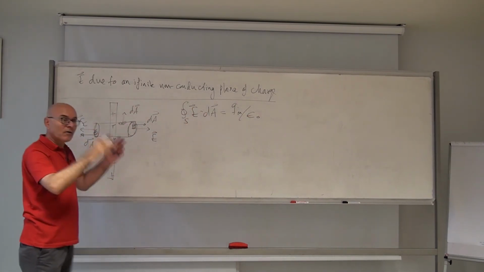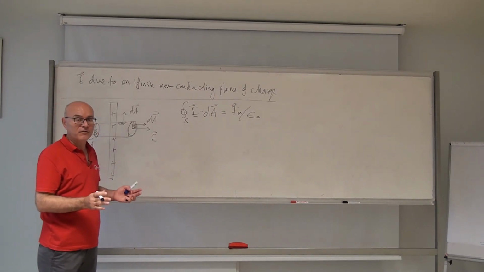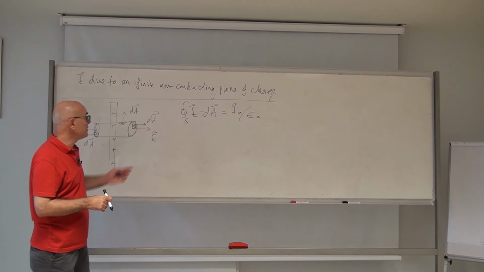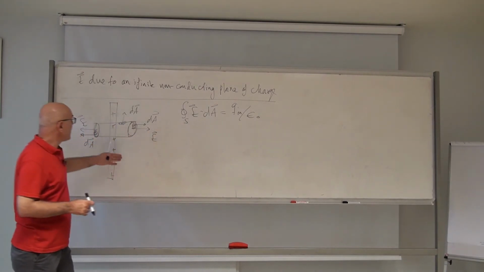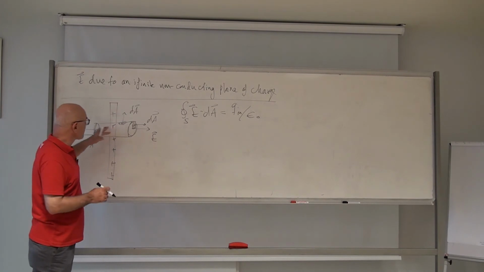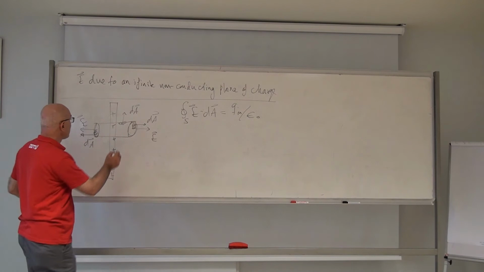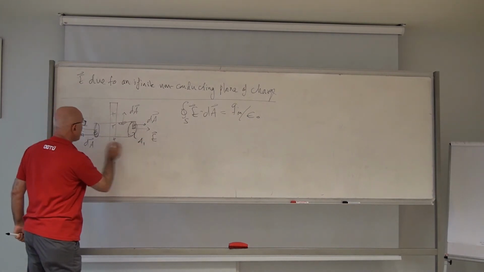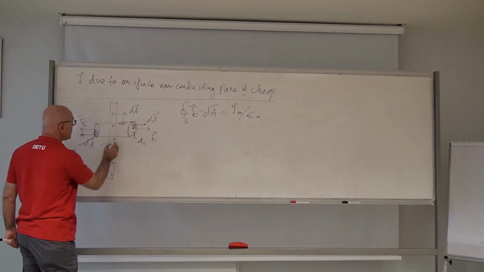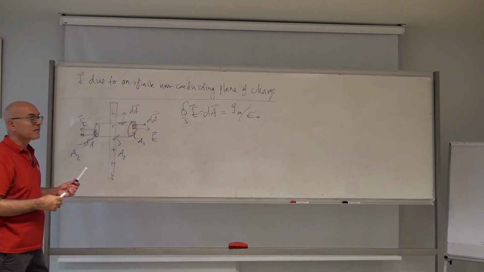The integral is over the whole closed Gaussian surface. In this case also, I note that this closed surface is composed of 3 portions. Let me call this A1, this A2, and this A3. These are the 3 surfaces.